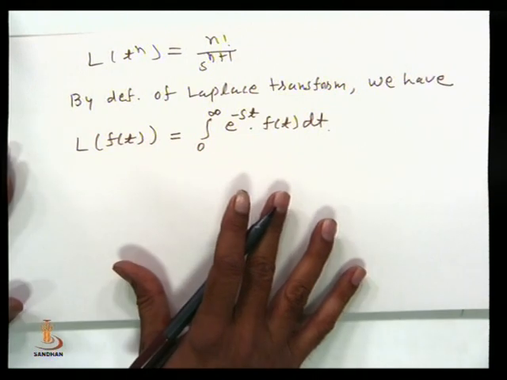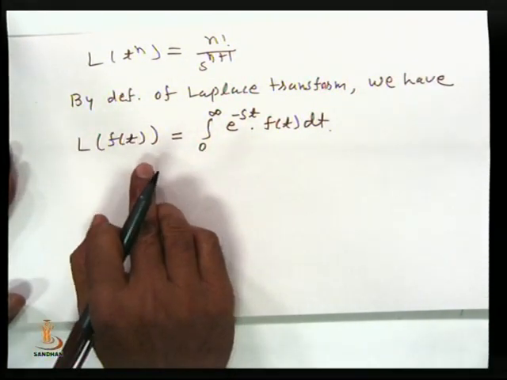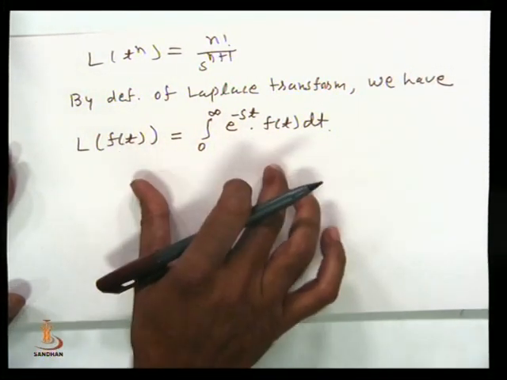Now we have to derive the Laplace transform of t raised to n. So we have to take f of t equal to t raised to n in this definition.